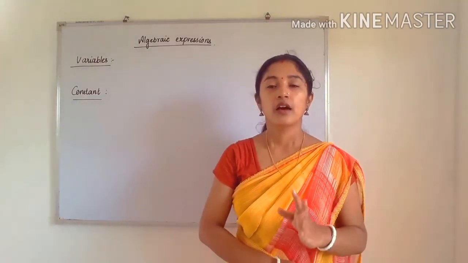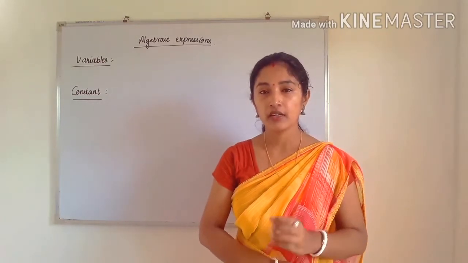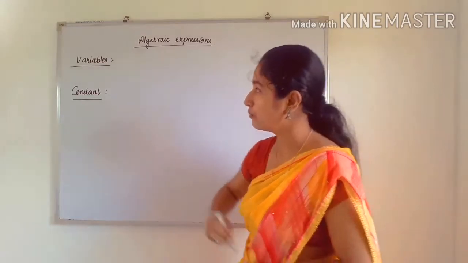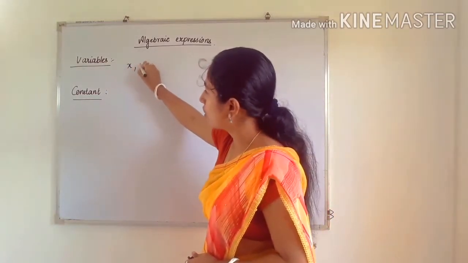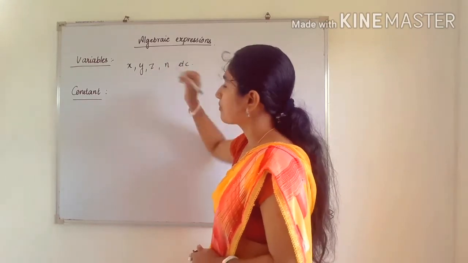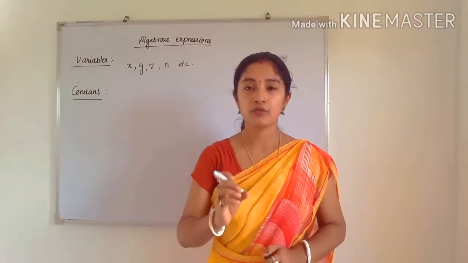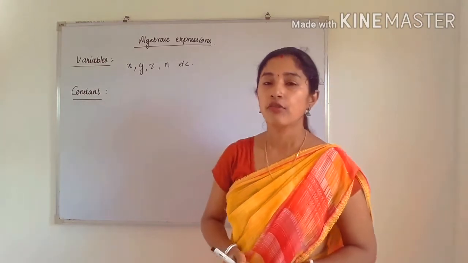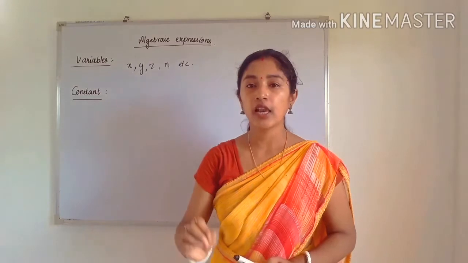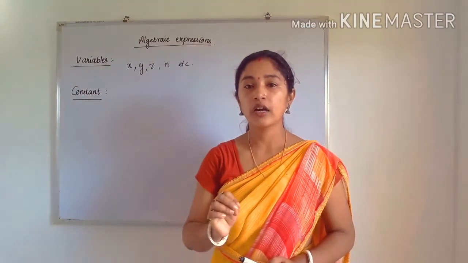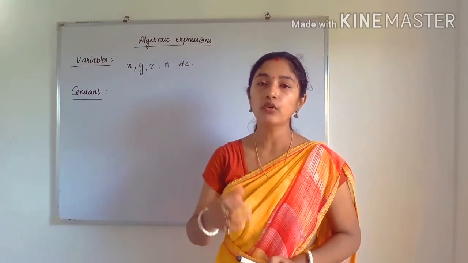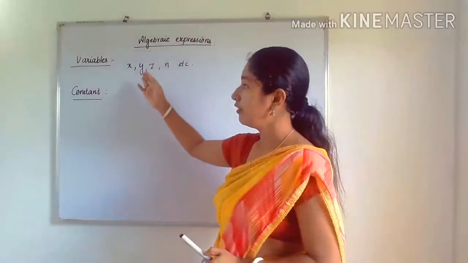That means it is denoted by an alphabet, like X. We can denote a variable by X, Y, Z, or N, etc. Any small letter alphabet we can use for denoting the variable, and it can take any values. It will be based upon the condition. So the conditions which will be given, according to that we have to take the value of the variables.